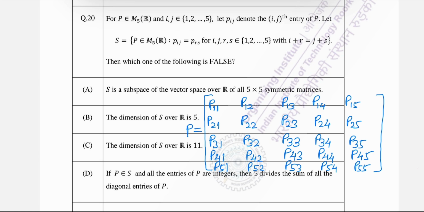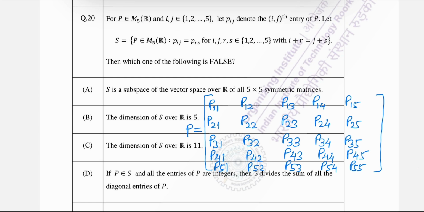Let me slide these three entries a little. Okay, it is okay now. Now we have the matrix P in its general form, and now see the second statement of this question.